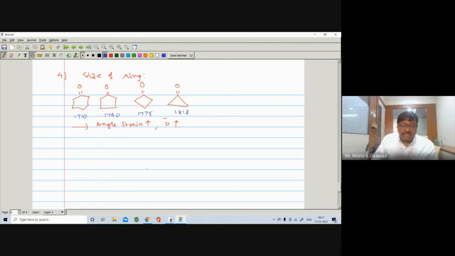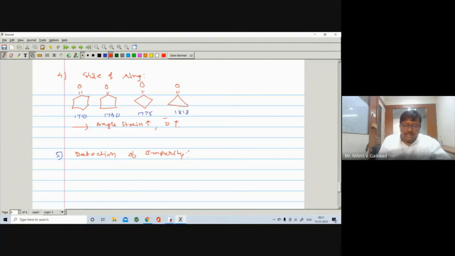And the last application, detection of impurity, right? The number 5 example is the detection of impurity. So this IR also gives information whether there is a presence of impurity or not.